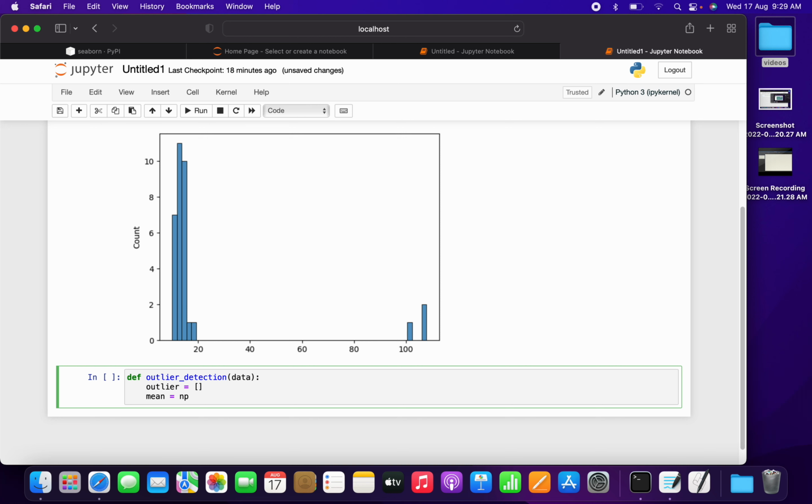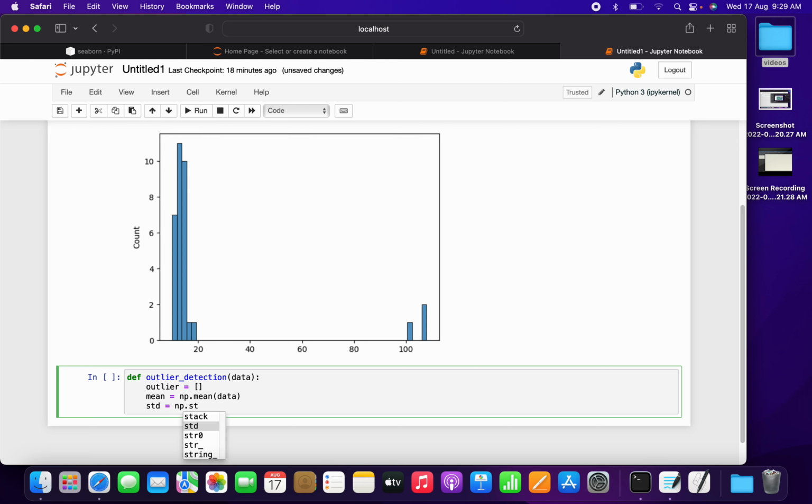We can very easily calculate that using numpy. This is the mean. Now we can calculate the standard deviation. This numpy is a very useful package.